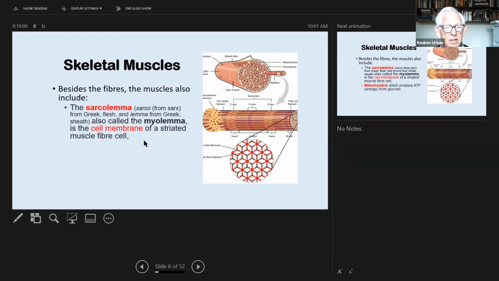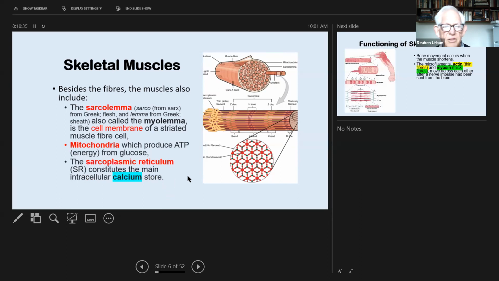Okay, and that's the cell membrane. The mitochondria are there, and if you remember, we talked about this some time ago. They are in most cells, and the more active the cell, the more of them there are, and they are where glucose is converted to ATP, which is our energy molecule.